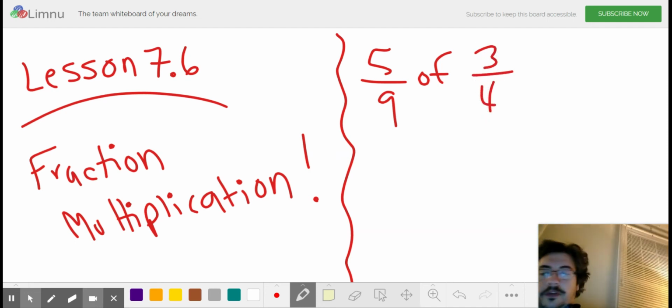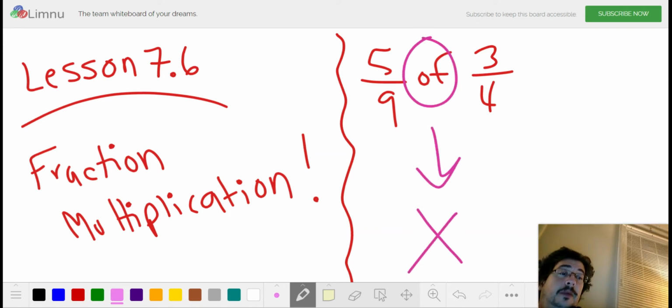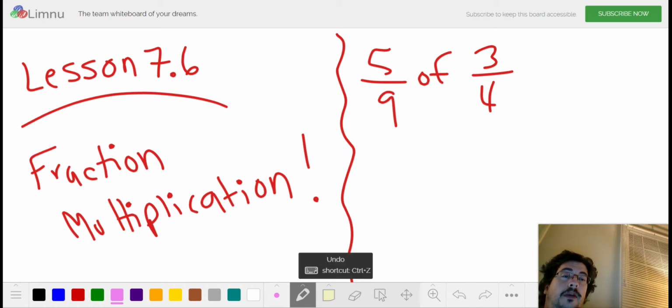And remember that this word "of" in math class many times means multiply, and especially when we're finding fractions of fractions, it means multiply. So we're going to want to multiply these two fractions together.